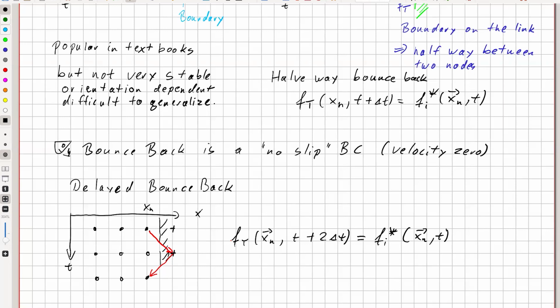So why do we do this? It simply has been observed that adding this delay helps to eliminate grid scale oscillations.